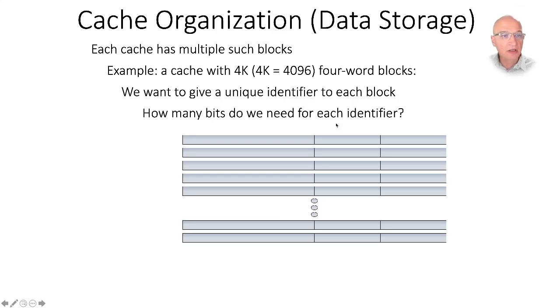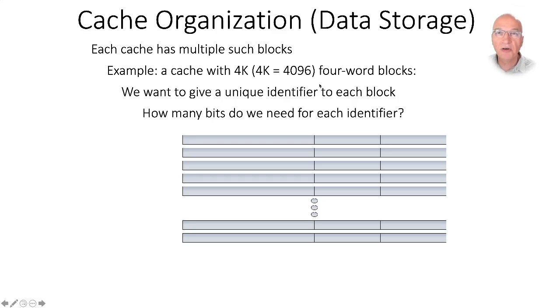If I have 4K blocks, I need to be able to have 4K, that is 4096, different identifiers. The number of bits that I need to produce 4096 different numbers is 12 bits.